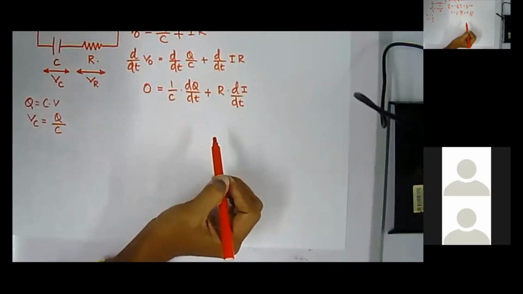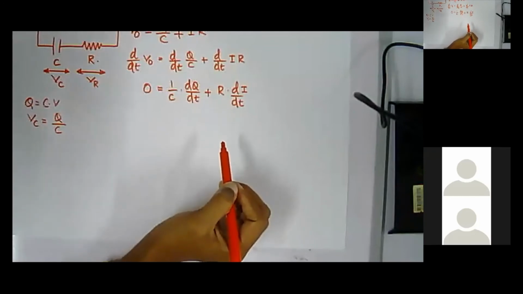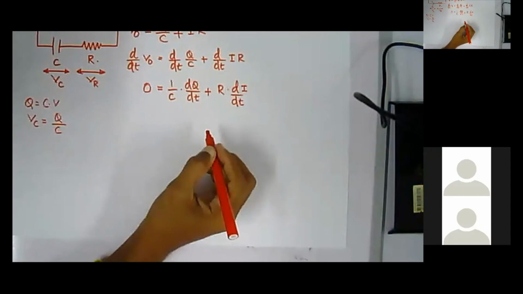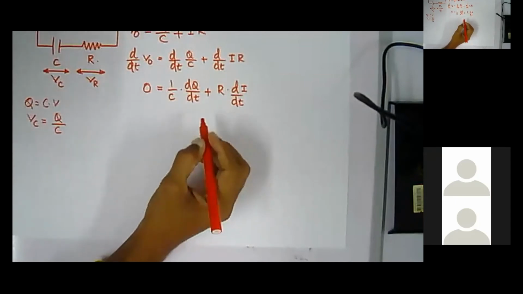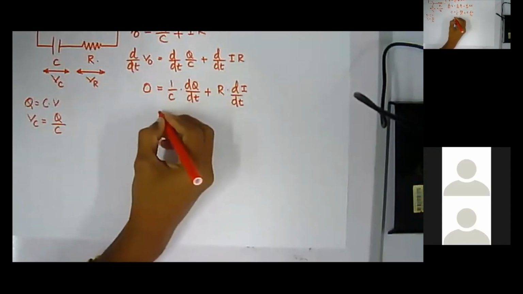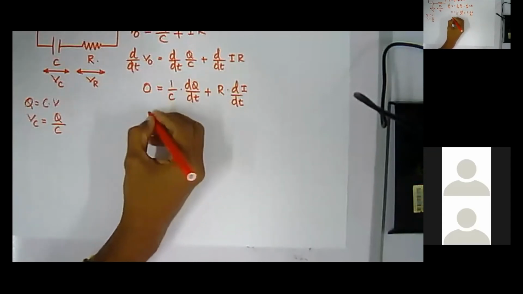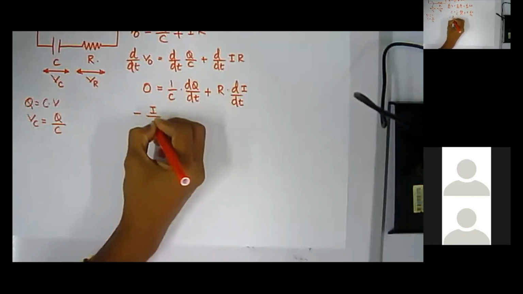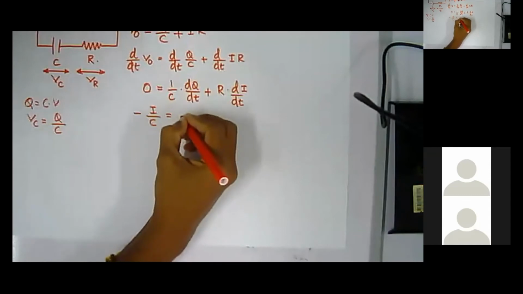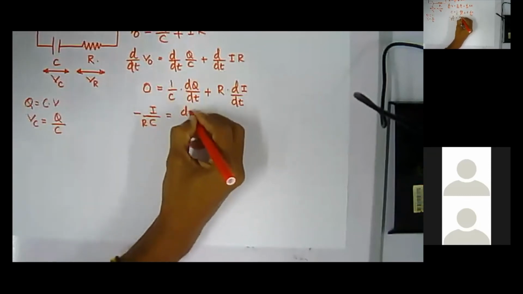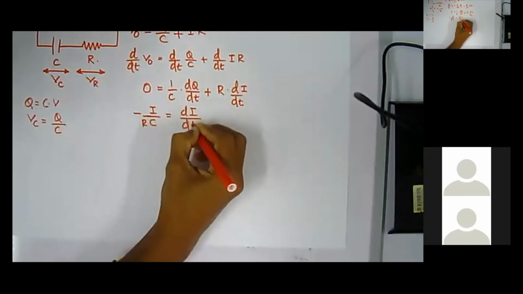Rate of flow of charge is your current, so I can write it as I. So minus I over C equals R di by dt, so I over RC equals minus di by dt.